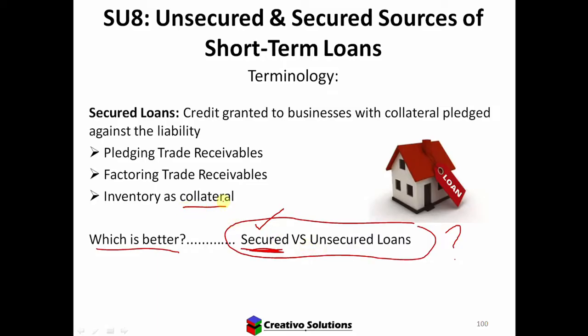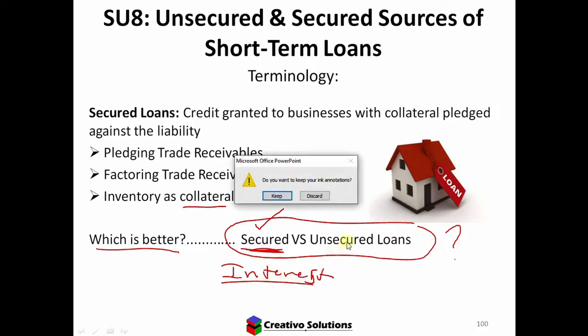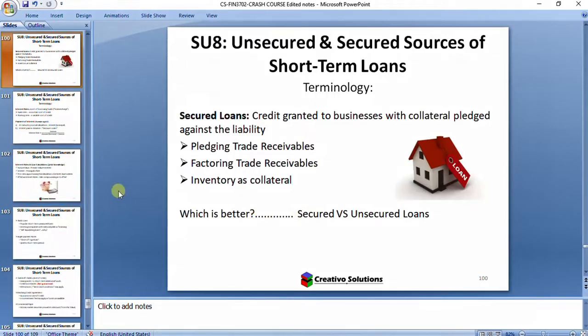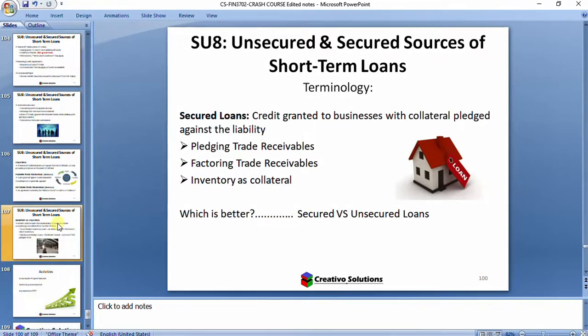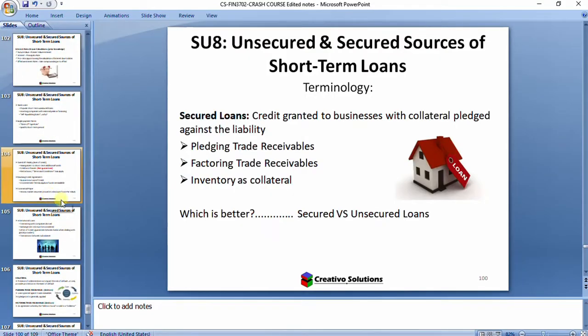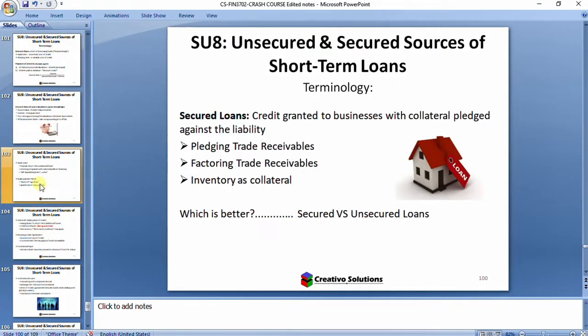So there's collateral there, talk to me about the rates. Talk to me about the interest. Secured loans, interest? Higher or lower? Is it lower? Yes, very good.